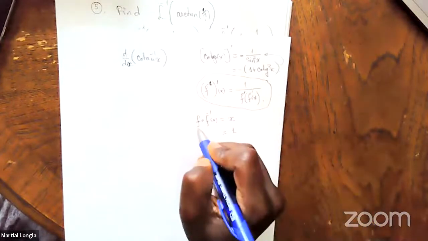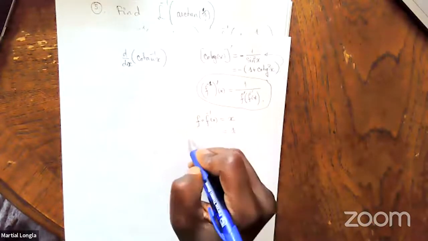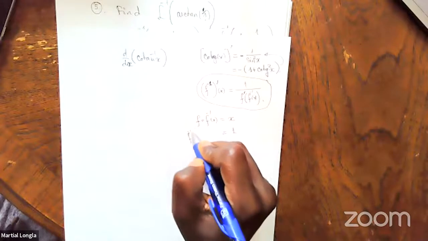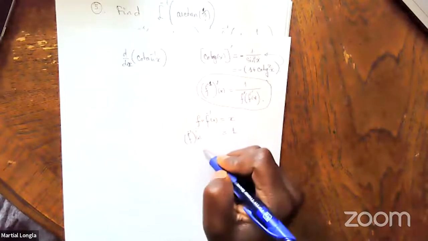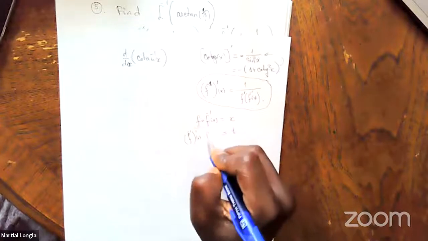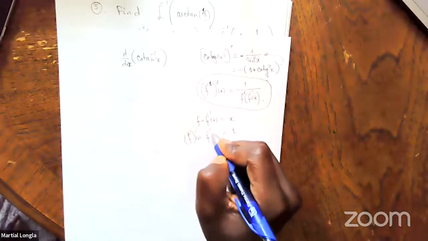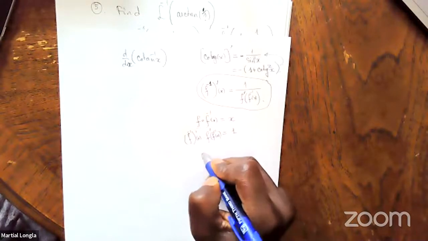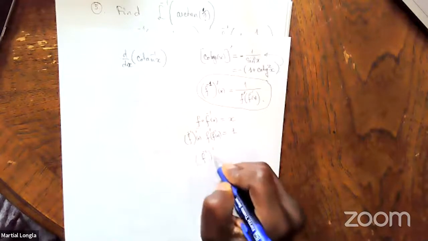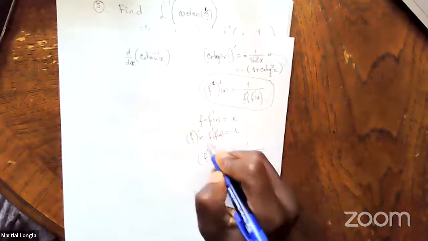And on the left, you use the chain rule, it's going to give you f minus 1 prime of x as the inside function's derivative times the derivative of the outside function evaluated at the inside function. And then you divide, you get f minus 1 prime of x equals 1 over this.